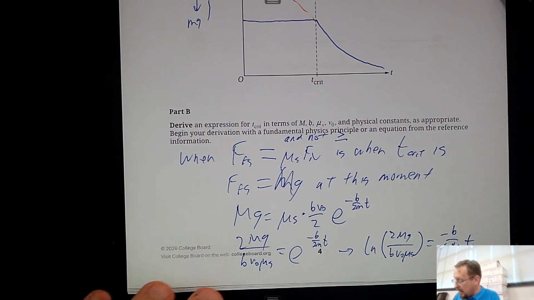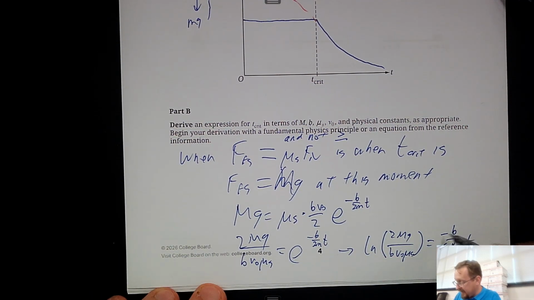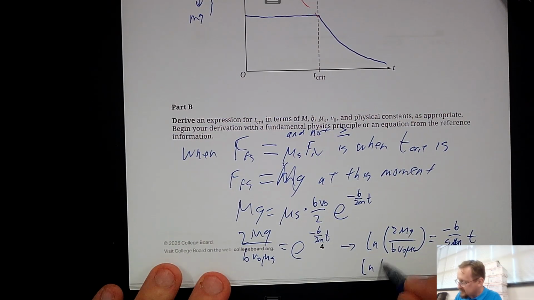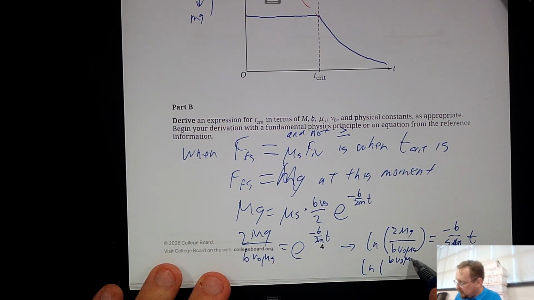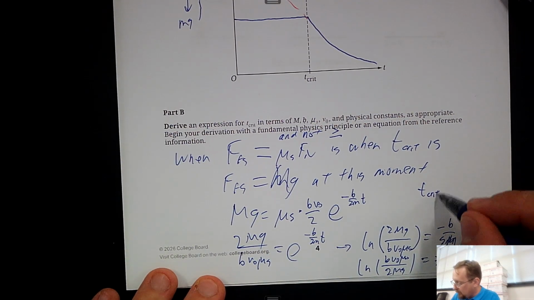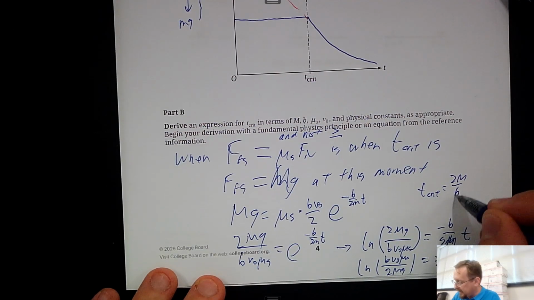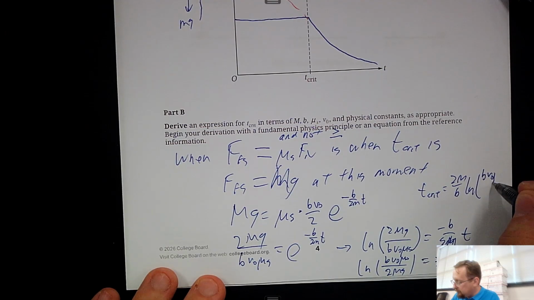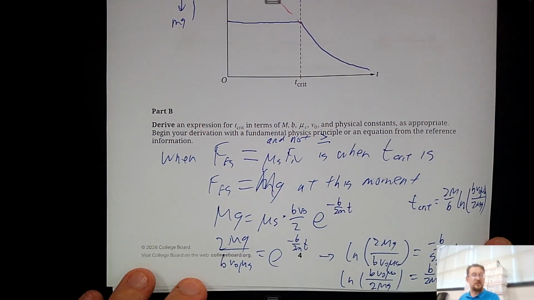Okay, so you can get rid of the negative by flipping the inside of the logarithm. b v naught mu s over 2mg makes this the negative of what it was before, so this would just be b over 2m times t. So then the t critical moment will be 2m over b times the natural log of b v naught mu s over 2mg. I would go ahead and say that this is probably the hardest question on AP Physics C Mechanics I've seen in my entire life.